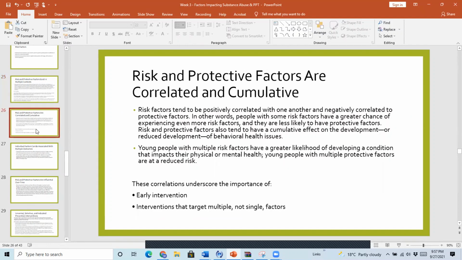Now, risk factors and protective factors are correlated and cumulative. What that means is that risk factors are positively correlated with one another and negatively correlated to protective factors. In other words, people who have these risk factors have a greater chance of experiencing even more, and they are less likely to have these protective factors.